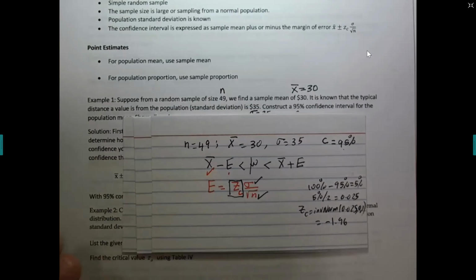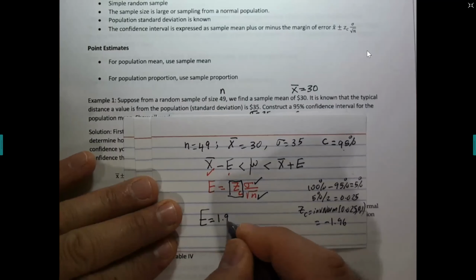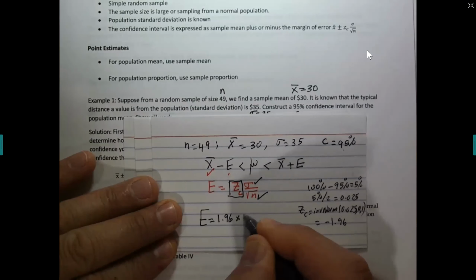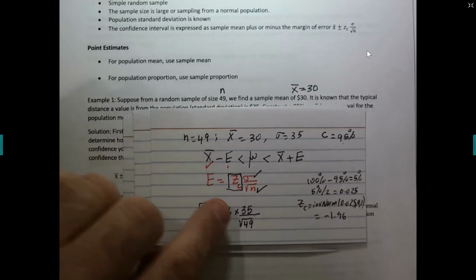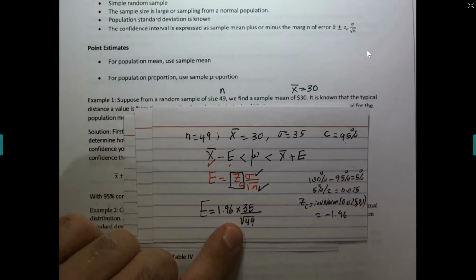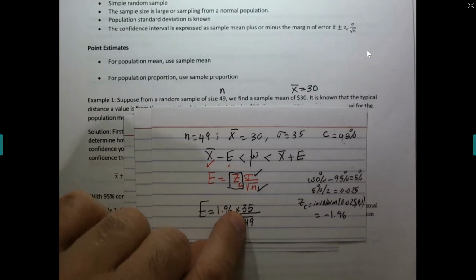So look, here is the E, guys. 1.96 times sigma, which is 35, divided by square root of N, square root of 49. And now, guys, probably you can recollect why when we did the algebra in chapter 5, I did some algebra on how to do a number divided by square root. Look, we're using it right now.